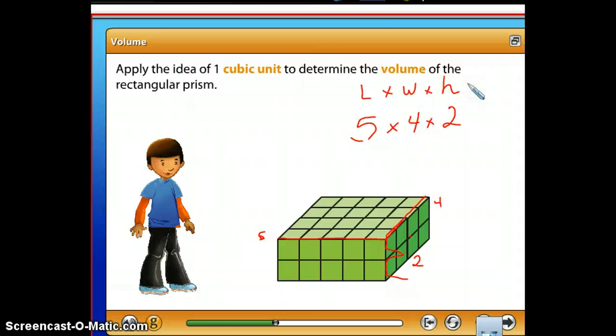How many cubes are on the top? How many on the bottom? We know there's 5 here, and there's 4 rows, so that's 20. And then there's 20 on the bottom. So 20 and 20, we know there would be 40. Is that what we would get here? 5 times 4 is 20, times 2 is 40. Okay?